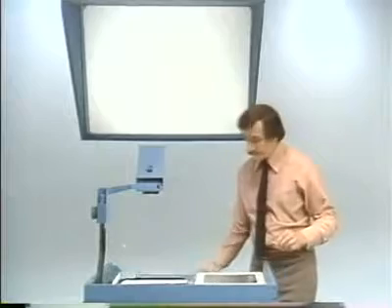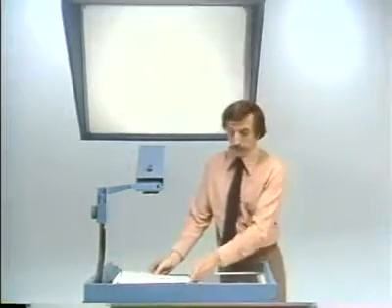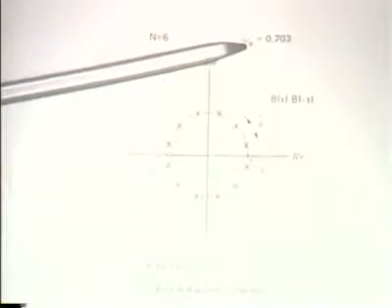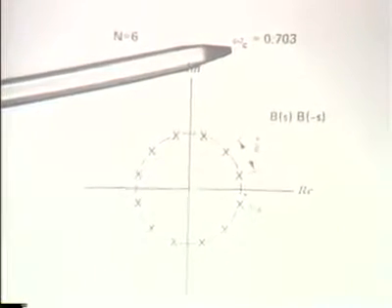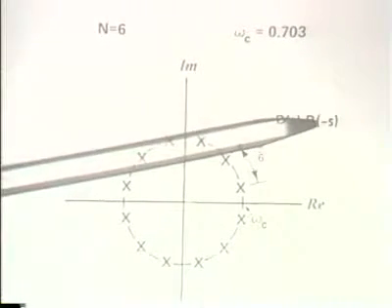All right, now continuing this example then, how would we complete the design? Well, we know what our two parameters, capital N and omega sub c, are. That means that we can determine B(s) times B(minus s).